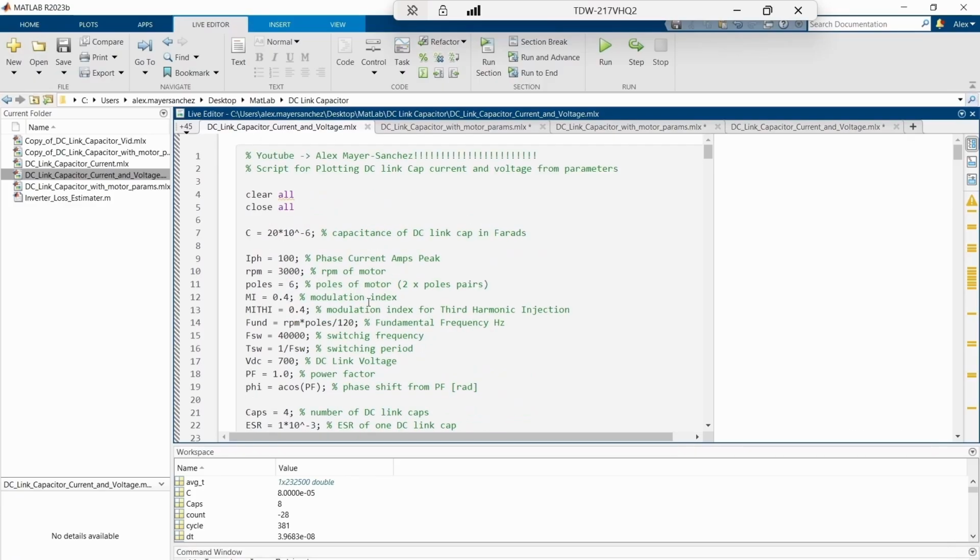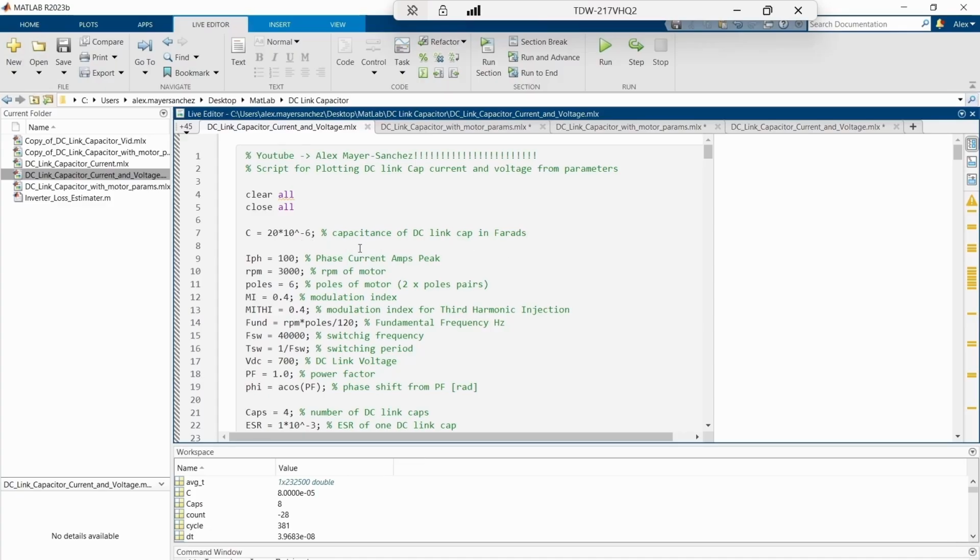Basically, the end goal of this script is to plot the waveform of the DC link voltage and the DC link capacitor current given a load and given your input parameters. So I'll just go through the parameters right now.